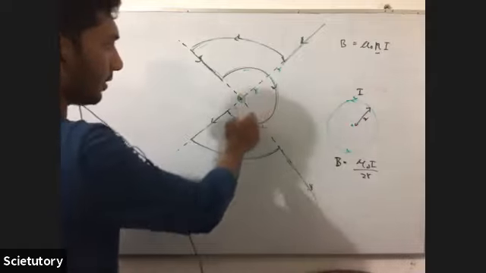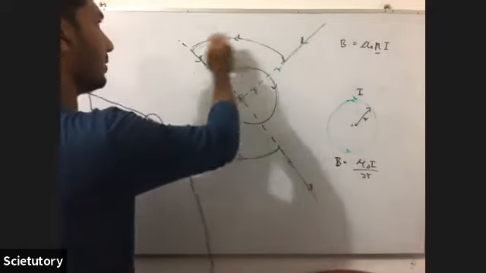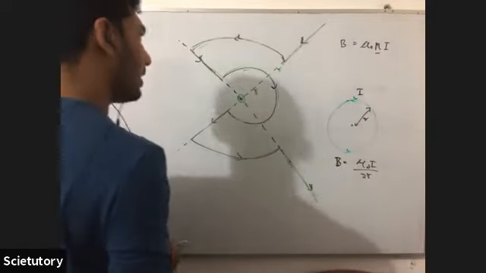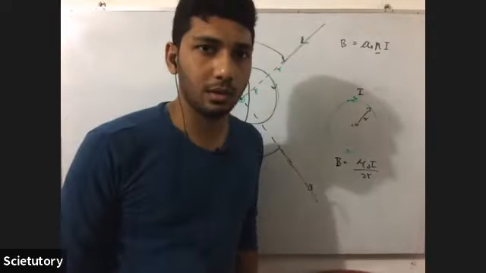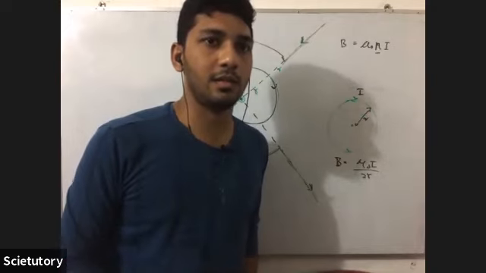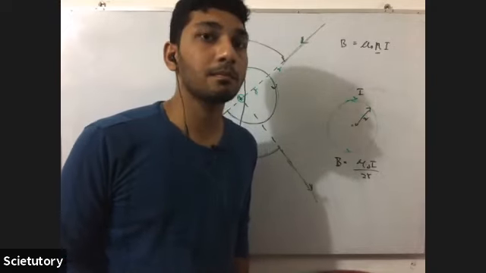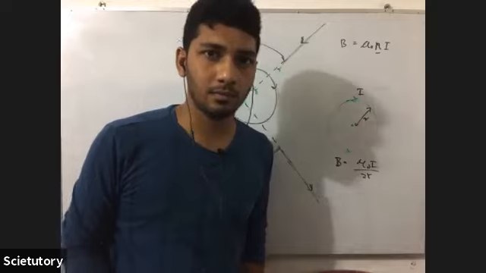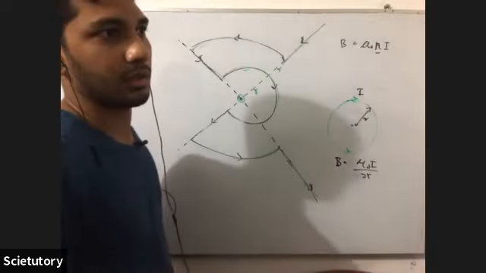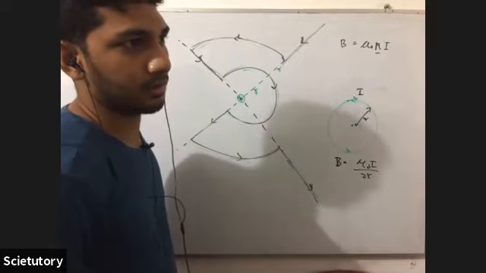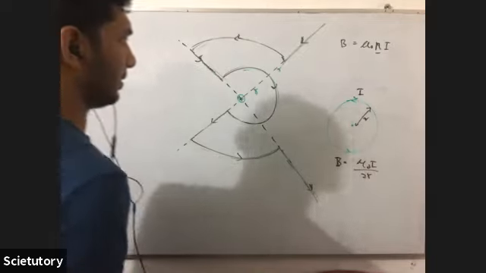Due to this circular loop there will be a magnetic flux density, and due to this there will be another B. So let's find the direction. What law do you use to find the direction of the magnetic flux density? Right hand thumb law.